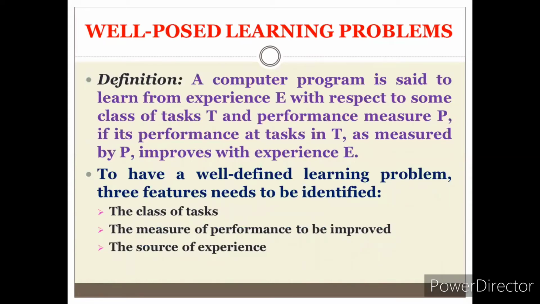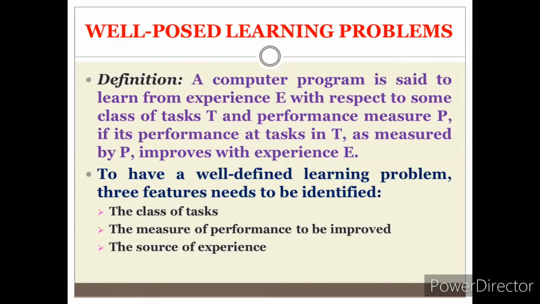A simple definition we have is of a well-posed learning problem. So how does that particular system learn? A computer program is said to learn from experience E with respect to some class of tasks T and performance measure P, if its performance at tasks in T, as measured by P, improves with experience E. I have taken the example of a baby, how it learns through its own experience.